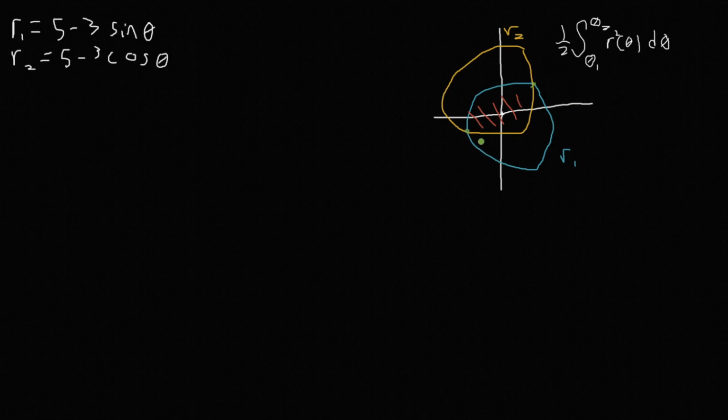And so these are very important points because when we integrate, we want to first find the area from here to here bounded by this R2 curve. And then we want to find the area from here to the next intersection angle of the R1 curve. Because you're adding up these areas.